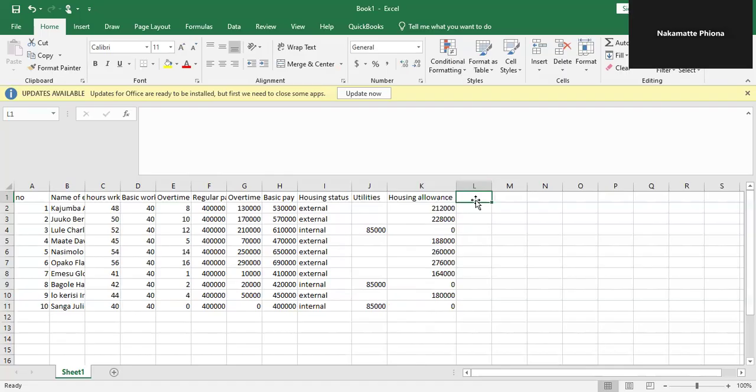Now the other allowance is 30% of basic pay for all employees.